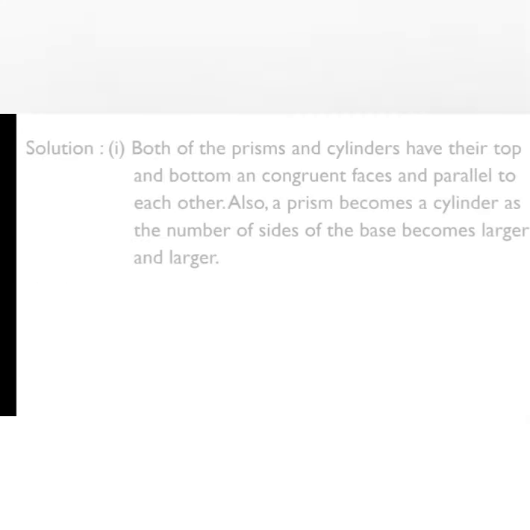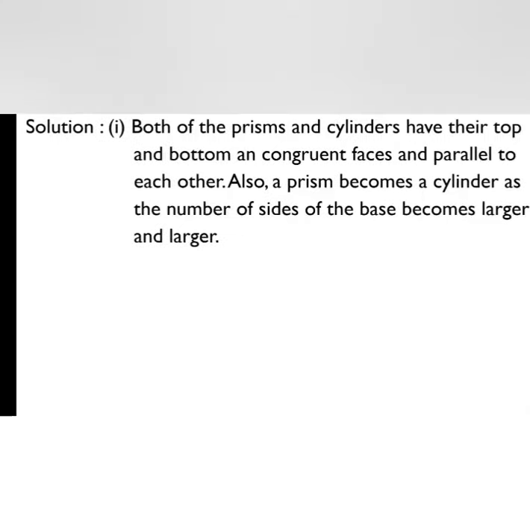For the solution, both prisms and cylinders have their top and bottom as congruent faces and parallel to each other. So they are alike in this way: prisms and cylinders both have their top and bottom parts congruent to each other. Congruent means they are equal, the same, and parallel to each other. So you can see this thing.